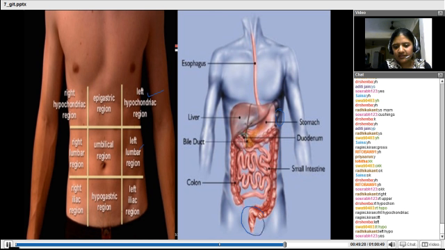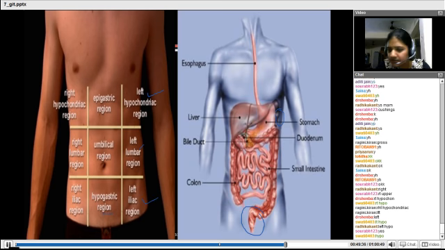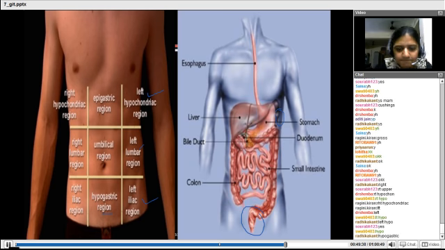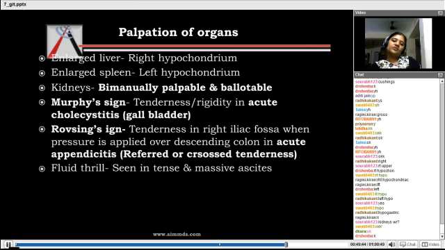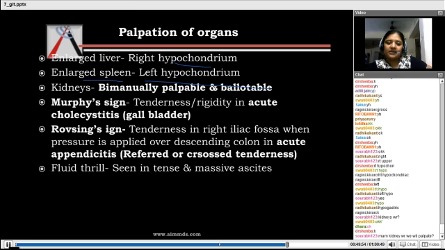The rectum and the anus, either in the hypogastric or the left iliac region. Okay? Okay, let's go back to the previous slide. So, when you want to check for an enlarged liver, you will examine the right hypochondrium area. Enlarged spleen will be in the left hypochondrium area.